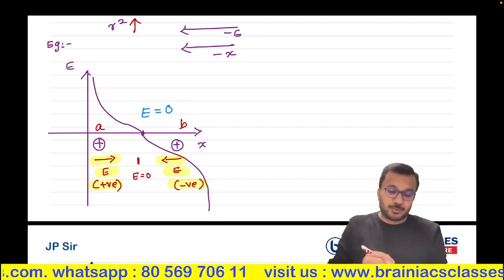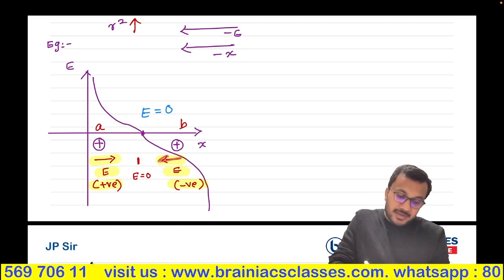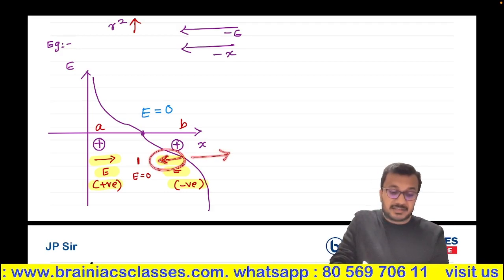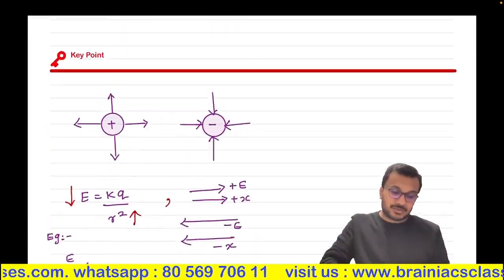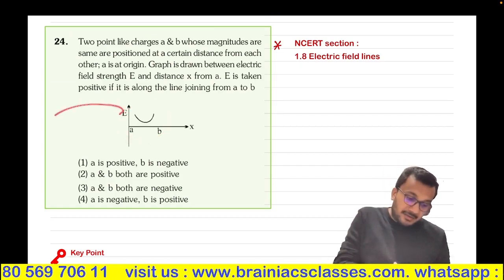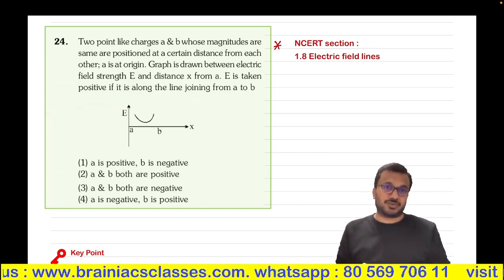On the other side, I am assuming B also has a positive charge, so electric field lines are going away from the positive charge, left to right and right to left. But the left case is important for us, in between the charges. Because the graph is asking what is happening in between A and B, not left of A, not right of B. This is not of interest in the question.